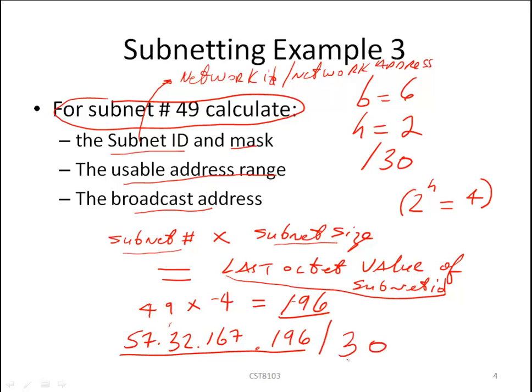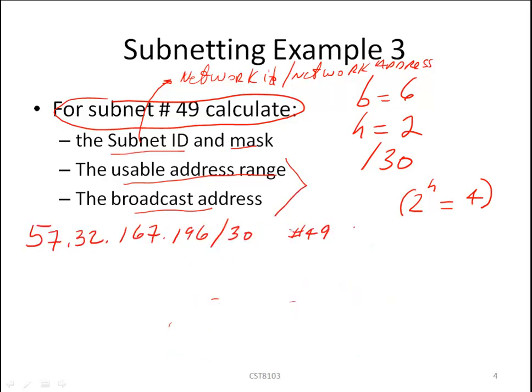Let me erase some things to make room so that we can calculate the usable address range as well as the broadcast address. Having the network ID, we can calculate the first usable address, which is the network ID plus 1, which is 57.32.167.197. The next address would be the last address.